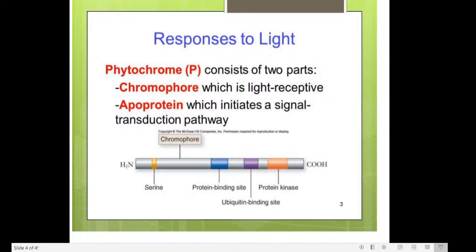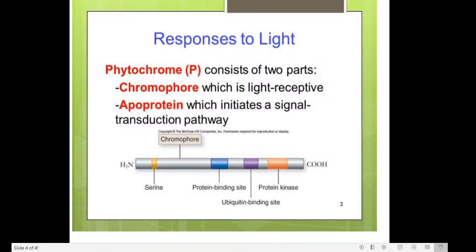The apoproteins are present for initiating the signal transduction pathway. These apoproteins are produced from the phytochromes. The phytochrome has two parts, chromophore and apoprotein.